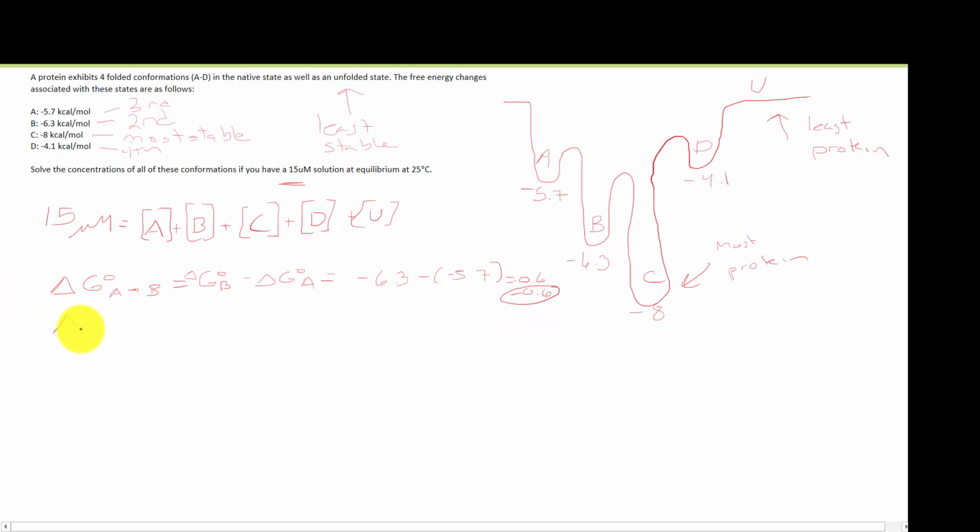I'm going to do the same thing for all of the transitions from A. The reason I'm holding A constant, as you'll see, is that it helps us get everything into 1 unit, and then it's easy.